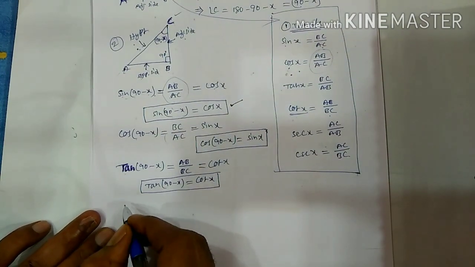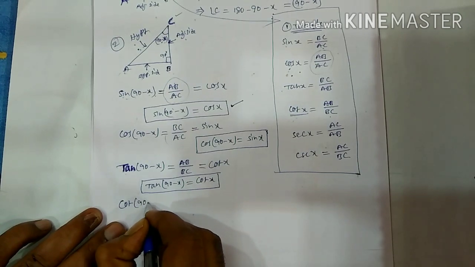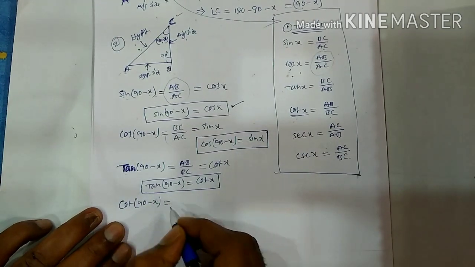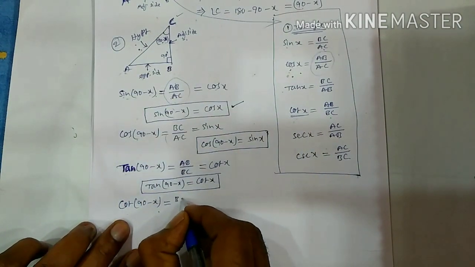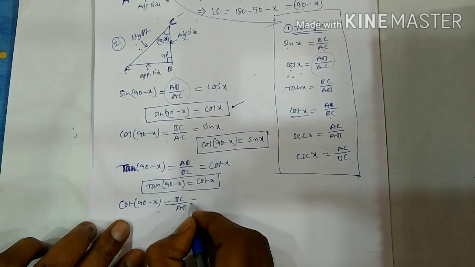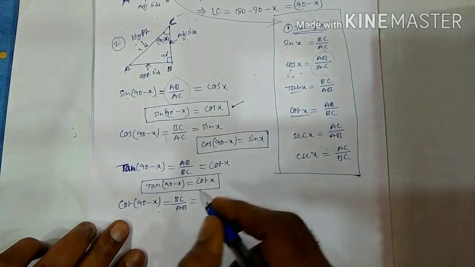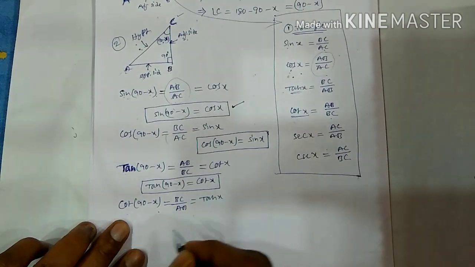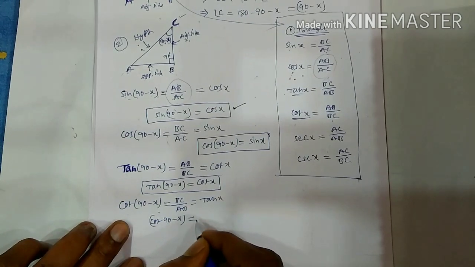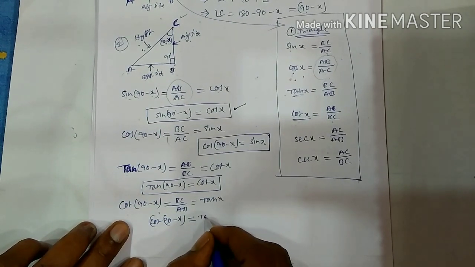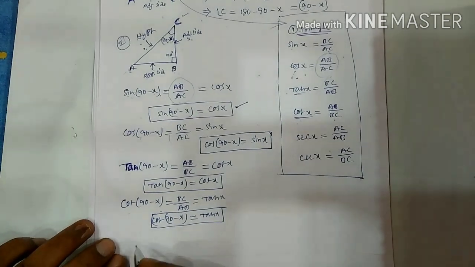Now cot 90 minus theta means adjacent side by opposite side, that is BC by AB. BC by AB is tan X. So our formula is cot 90 minus X is equal to tan X. This is another formula.